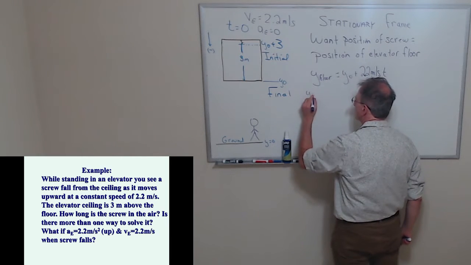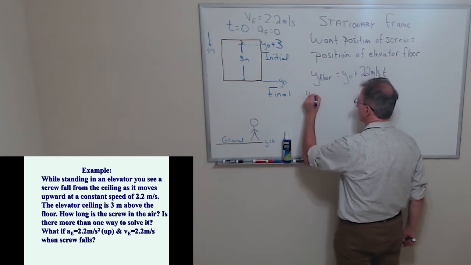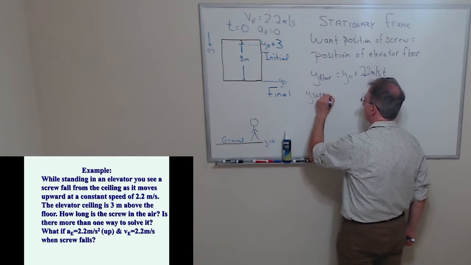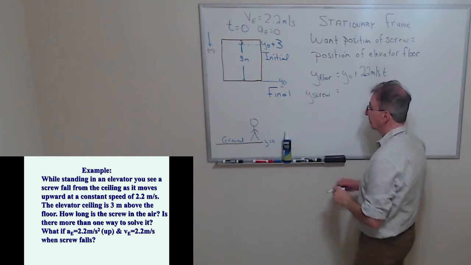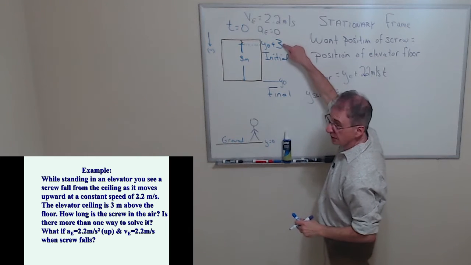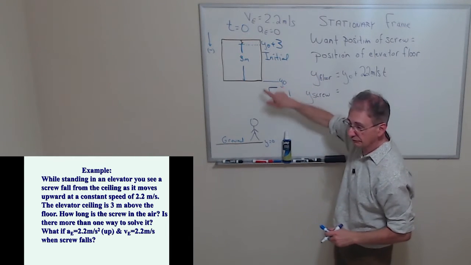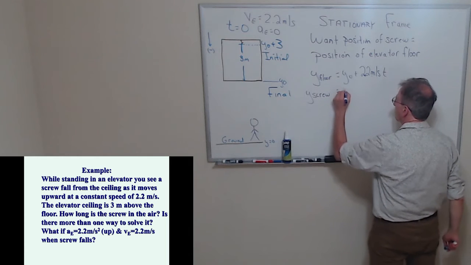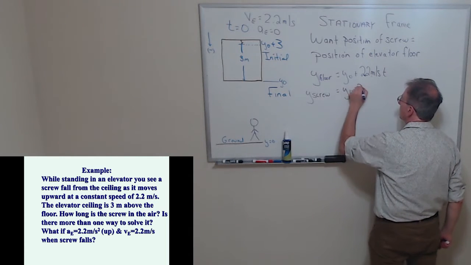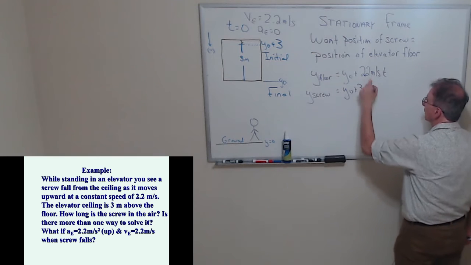So let's write an equation for y screw. Well, its initial position was 3 meters higher than the elevator floor, so I write y naught plus 3. It was going at this speed.